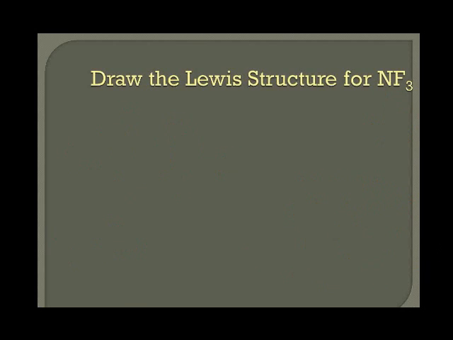So let's look at NF3. Our first step is hydrogens and halogens are terminal atoms because they can only form one bond. Well, we don't have hydrogen, but we have F, fluorine. That belongs to the halogen family. So our 3 fluorines will be on the outside, with nitrogen being in the middle.